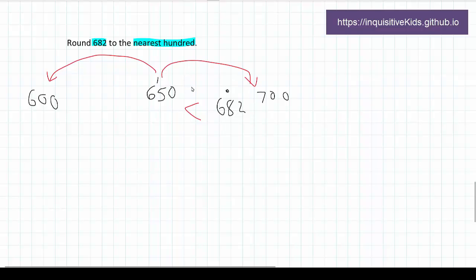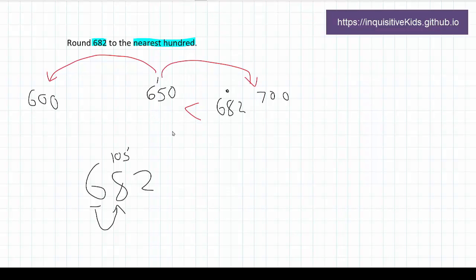Here is another solution. Whenever you want to round a number to a place value, you first take the number 682 and then look to the place value right of the place value that they're asking you to round to. They're asking us to round to the nearest hundred, so we want to look at the next smallest place value, the tens place. But how does looking at the next place value help us with rounding?